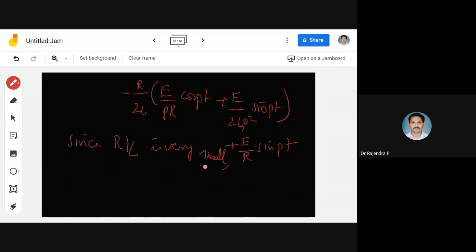R by L is small, and this is multiplied to these two terms. When these two terms are multiplied, this R will get cancelled. So the I value is here.